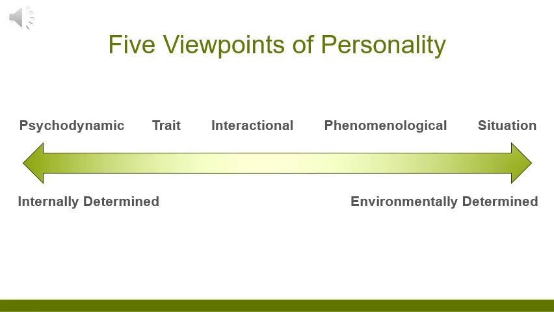And then it begins to move and shift a little more with a trait viewpoint of personality, that our traits have a bigger say in what's going on. The interactional approach says that everything is equally split between internal and environmental determination.